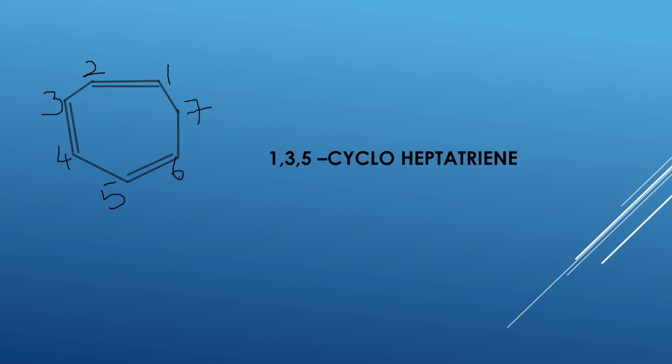Like this, the first carbon, third carbon, and fifth carbon have double bonds. So cyclohepta 135 triene, or 135 cycloheptatriene. Mostly we'll write it after hepta 135, or in some books you can find it in this manner also. So this one only I am showing here for you: 135 cycloheptatriene.